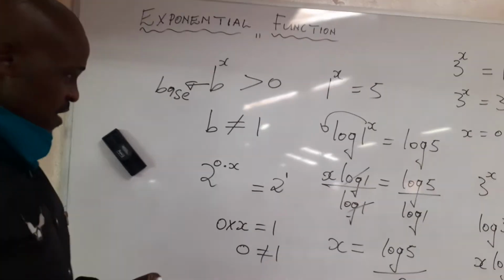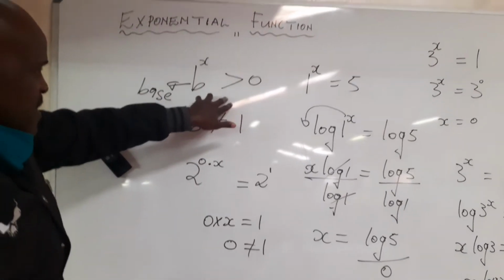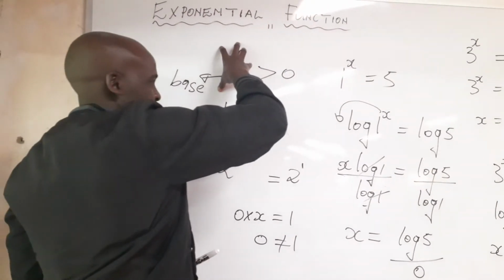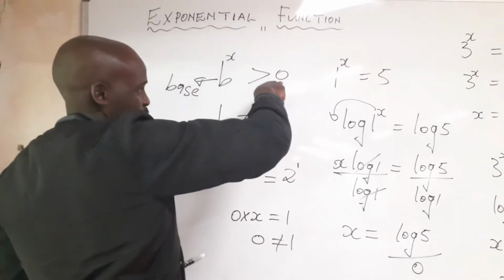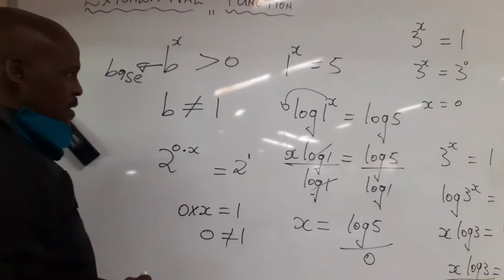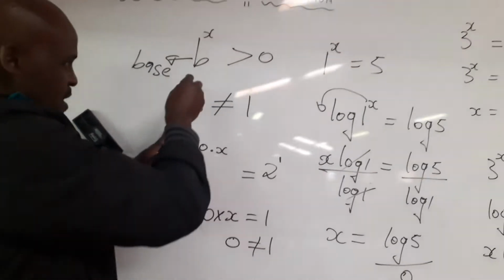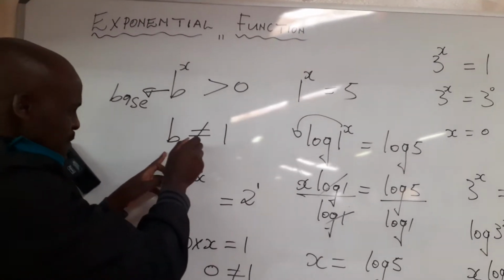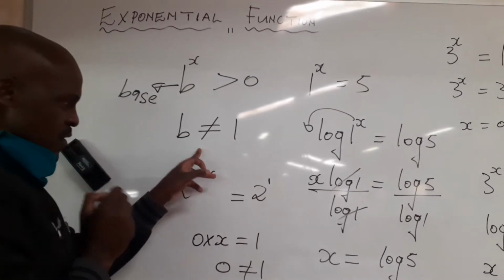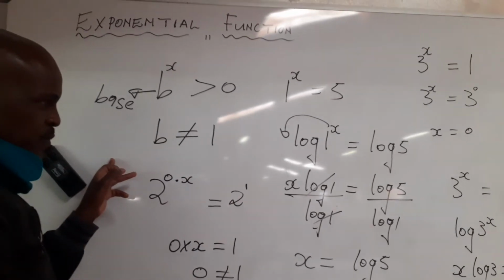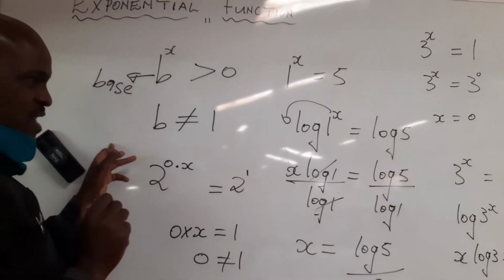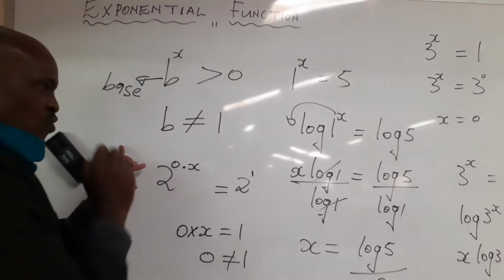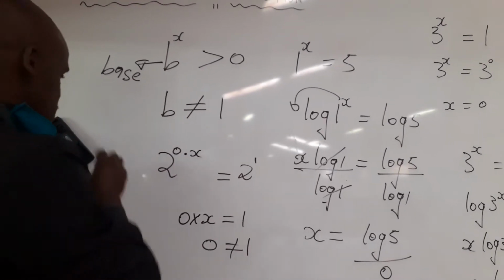So now we've got this restriction: the whole of this exponential equation must be always positive. Again, the base mustn't be equal to 1 for this to exist. In an exponential equation, whatever base there, it must not be equal to 1 for it to exist.